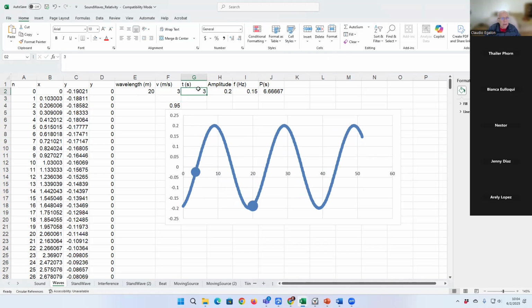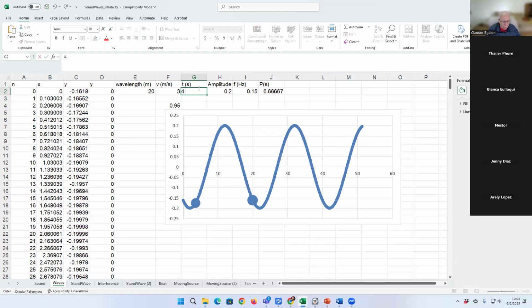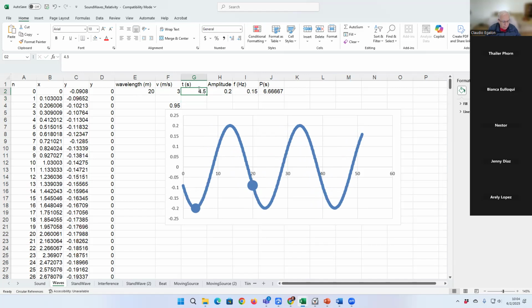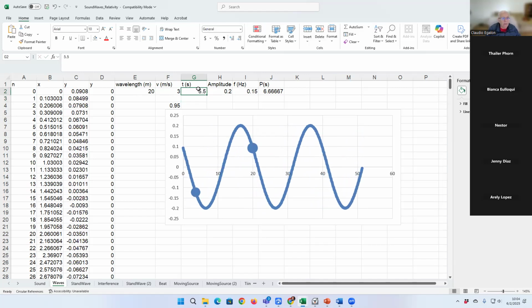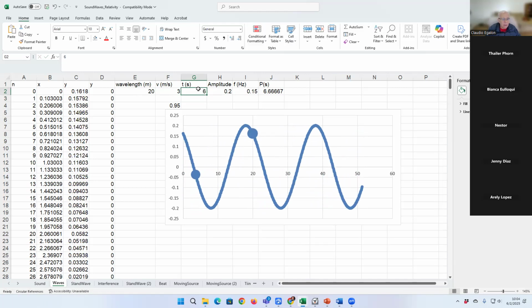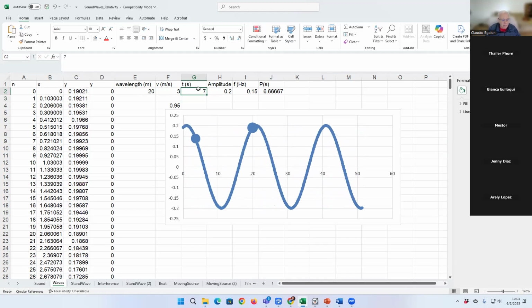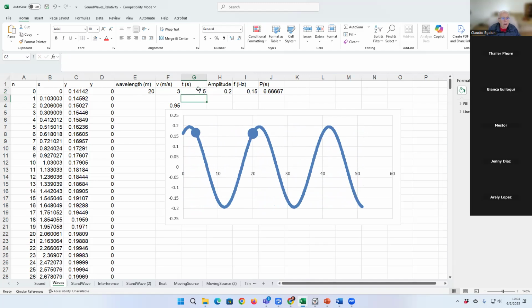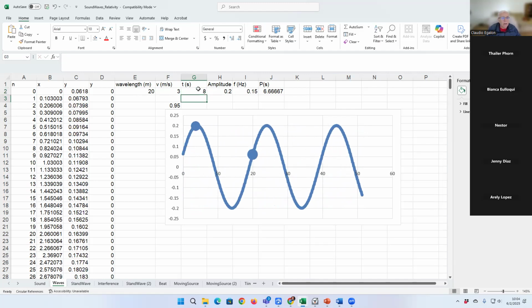Next, 3, 3.5, 4, 4.5, 5, 5.5. Let's get as far as I can, like 6, 6.5, and then I'm going to animate that for you. 7, 7.5. Okay, let's stop at 8, and then I'm going to undo.